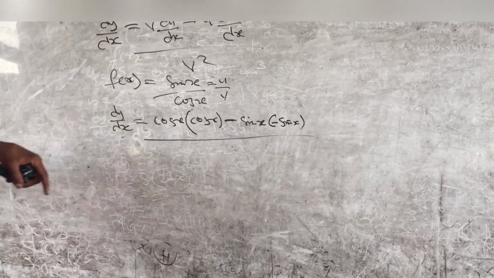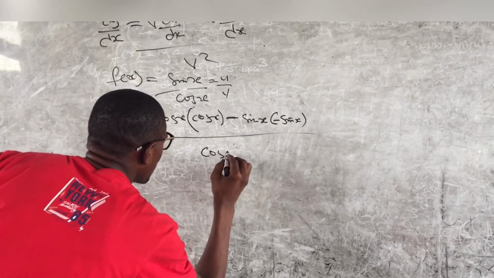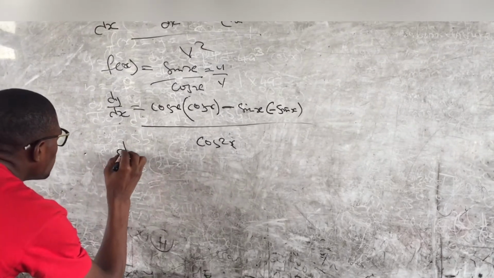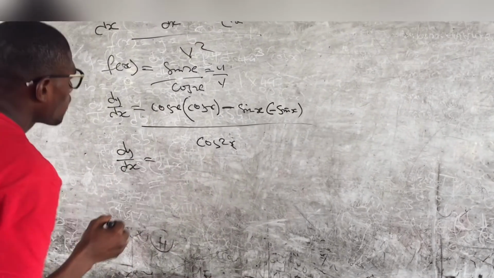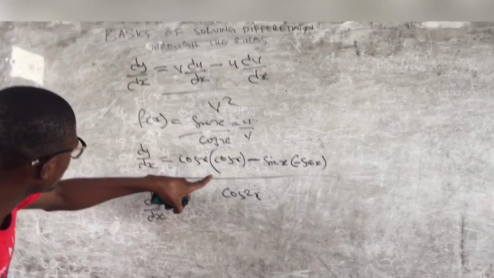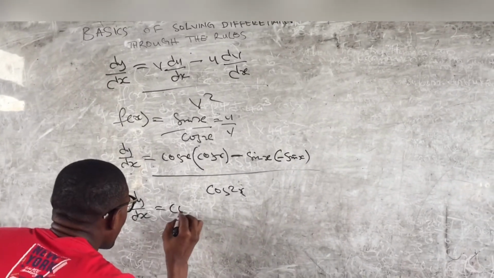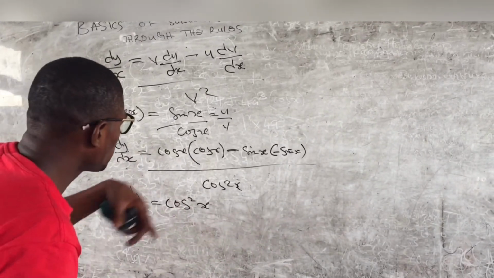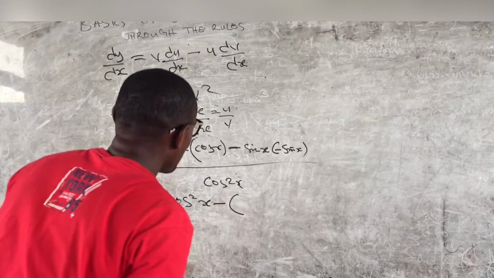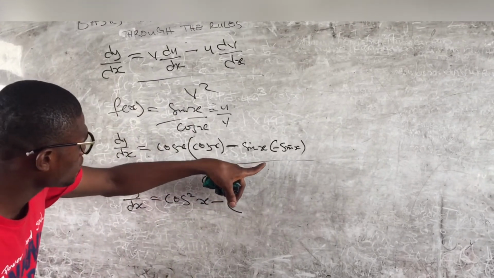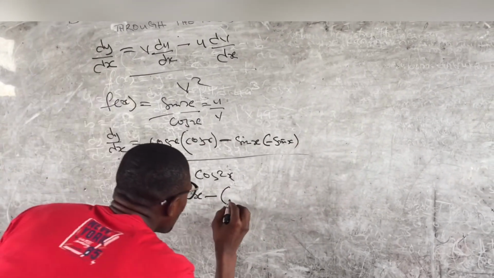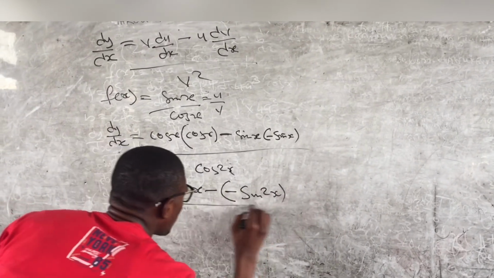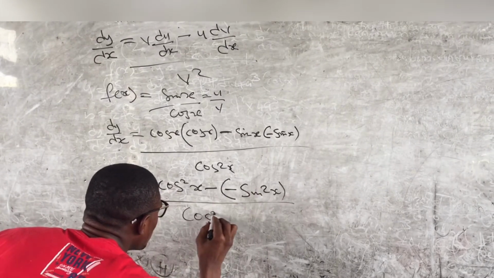And cos x is my v, so I have cos squared x. So if I multiply cos x times cos x, it gives me cos squared x, then I have minus open bracket. If I multiply sine x times minus sine x, I'll have minus sine squared x all over cos squared x.